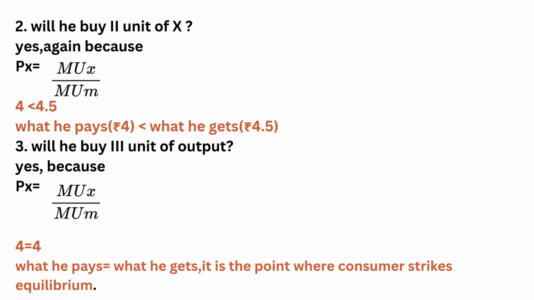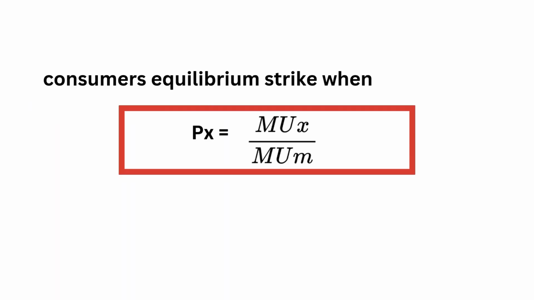So yes, he will purchase the third unit of the commodity, because at this point the consumer strikes his equilibrium, because what he pays is equal to the satisfaction he gets. Thus, consumer equilibrium is struck when Px equals MUX upon MUM.